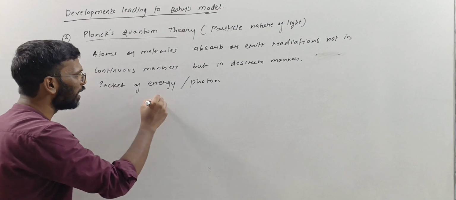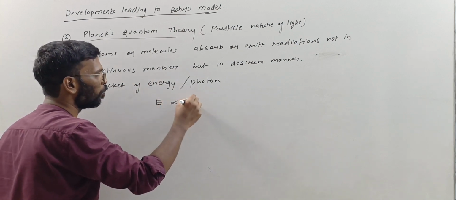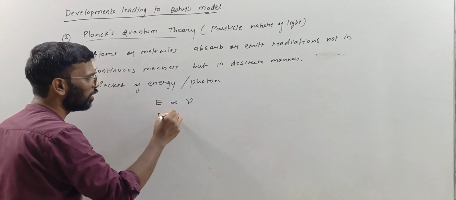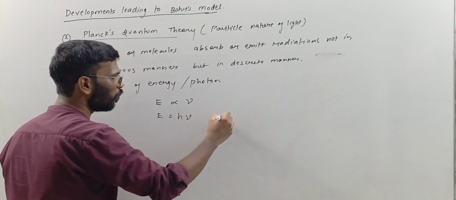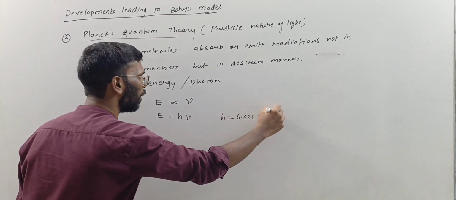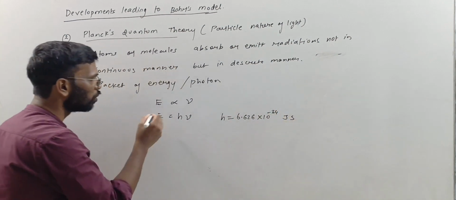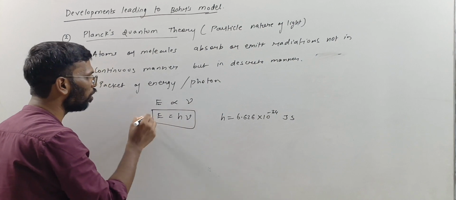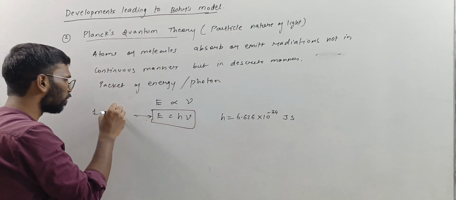He says the energy of a photon, or of that small packet of energy, is directly proportional to the frequency. To remove the proportionality sign, we introduce h, the Planck's constant, whose value is 6.626 into 10 raised to power minus 34 joule second. So E equals h nu is the formula for one photon.